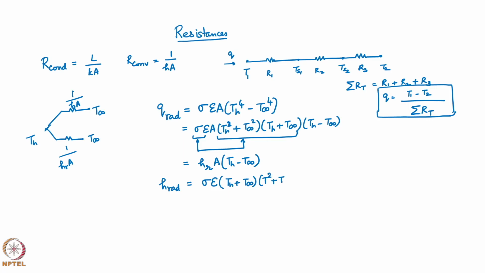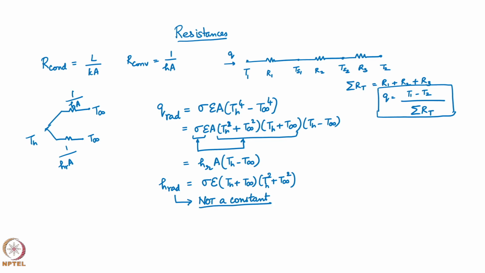So, if the surrounding temperature is constant, that is fine, T infinity could be constant, but Th could be changing with respect to time, and that would be also a function of time. So, h radiation is not a constant. It is a mathematical convenience, and that is what we need to understand. We just need to look at it from a mathematical convenience point of view.